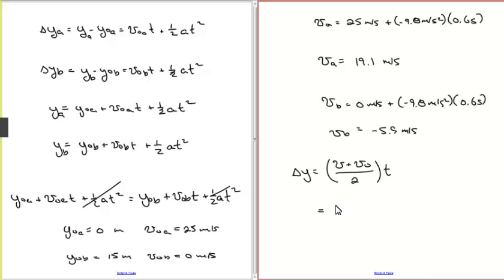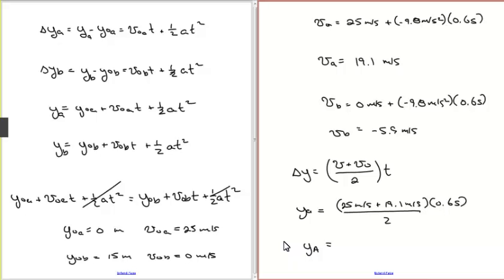So delta y, which for A is just y sub A, because y0 is 0, so we can use this one. So delta y is equal to 25 meters per second plus 19.1 meters per second divided by 2 times the time, which is 0.6 seconds, and you get that the height above the ground is 25 plus 19.1 divided by 2 times 0.6 seconds.